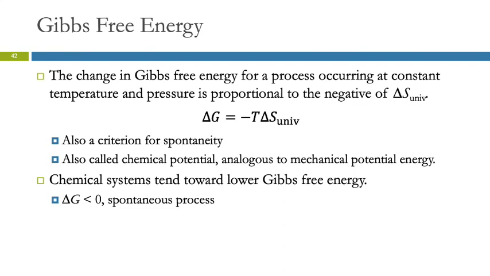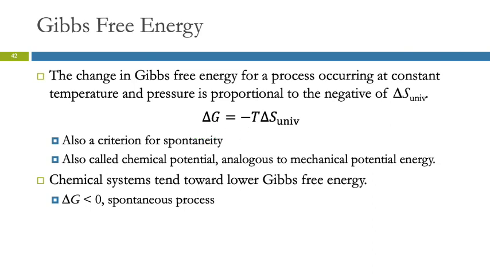The change in Gibbs free energy for a process occurring at constant temperature and pressure is proportional to the negative of the change in entropy for the universe. And that proportionality constant is negative temperature.